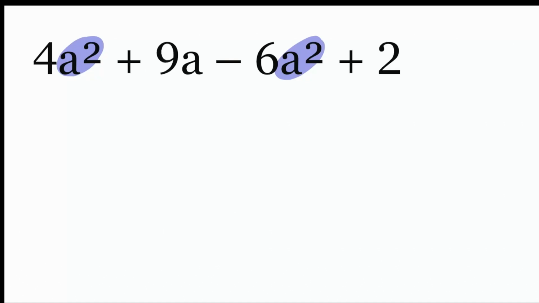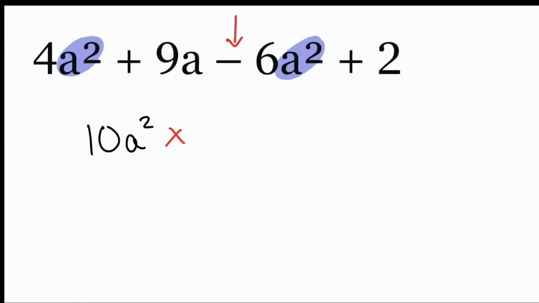Right on. So let's turn our attention back over here to the frame and let's give this a shot. Some common mistakes are gonna look like this. You see a 4 here, you see a 6 there. Some folks might be inclined to say 10a squared, but that is wrong. That's wrong because we have a negative right there. That's a minus.